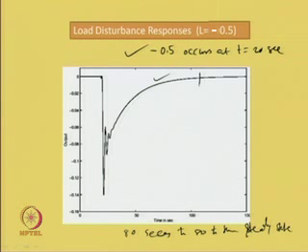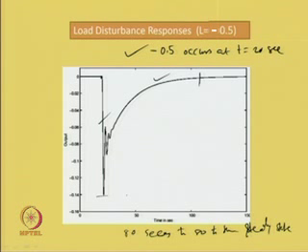Although the response is fast, as is apparent from here, and the load disturbance rejection is not instantaneous, still it has a faster load disturbance excursion, whereas the response is very sluggish. It takes almost 80 seconds to go to the steady state.